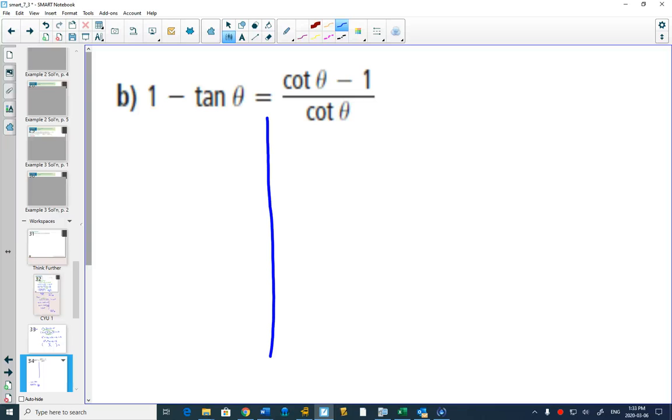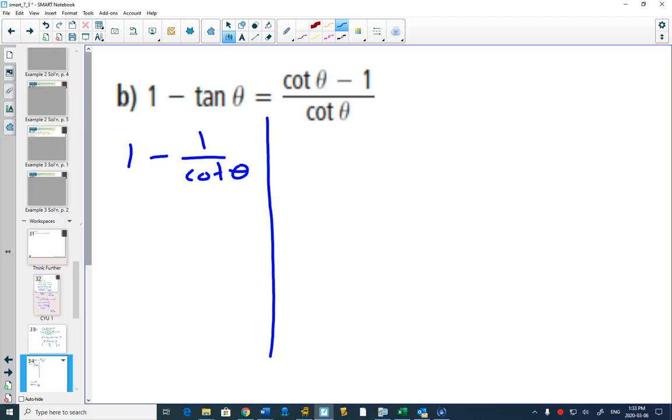Because I could change tangent to 1 over cotangent. Or I could change my cotangents to 1 over tangent. In this case, if I change my tangent to 1 over cotangent on this side, now the nice thing about this strategy is that my trig function's the same on both sides, so it might make things quicker.